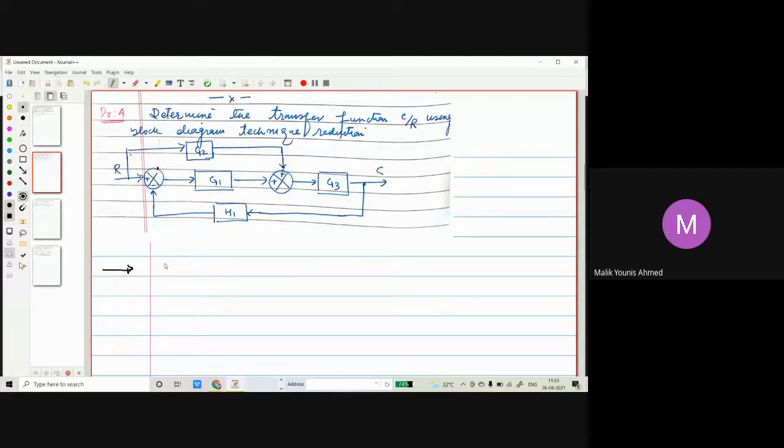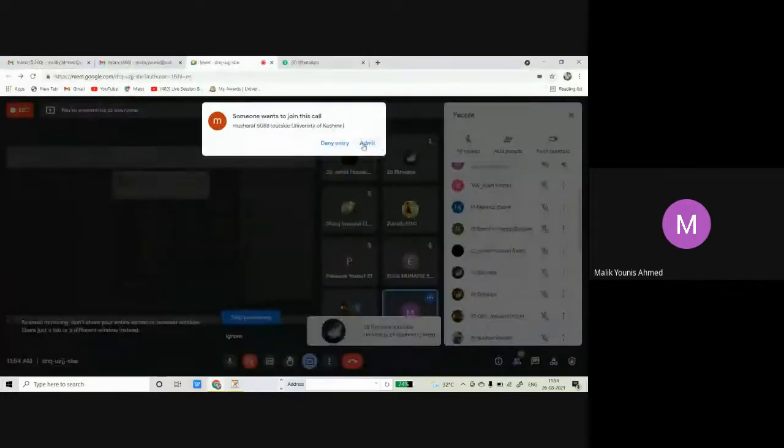So number one is shift the summing point before block G1 to after block G1. So this is our first step which we have to do.